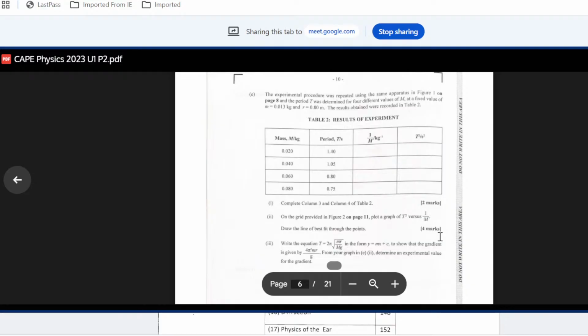So what would you have to do to the original equation? Square both sides.